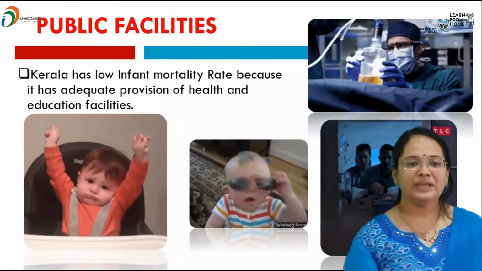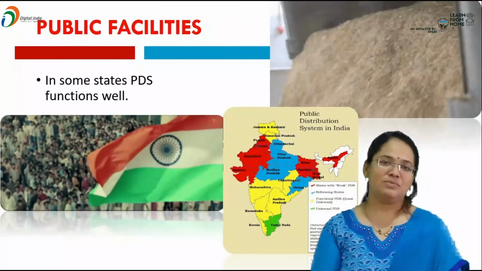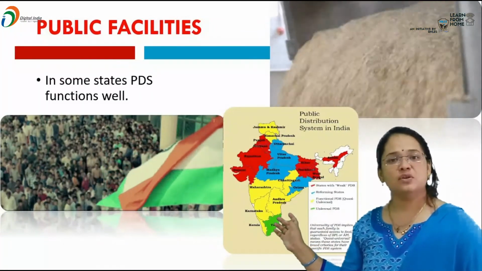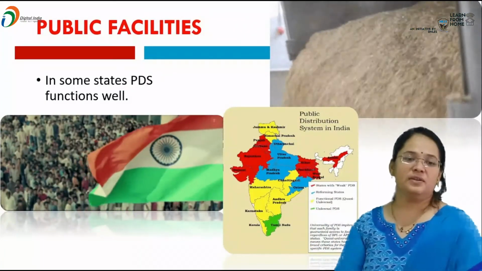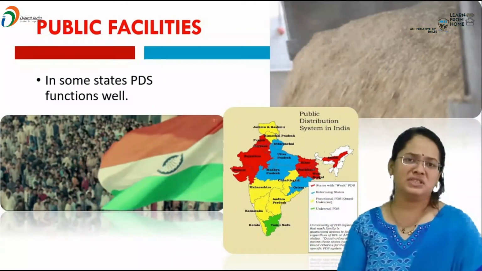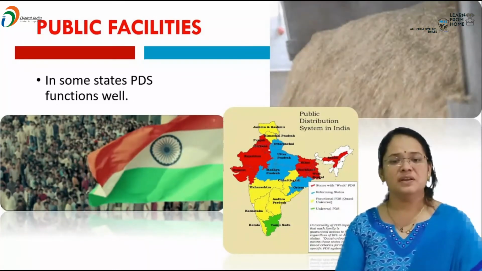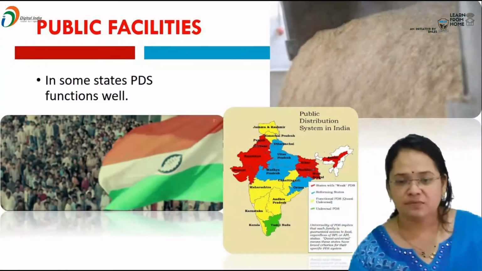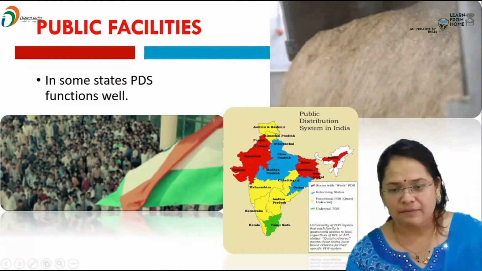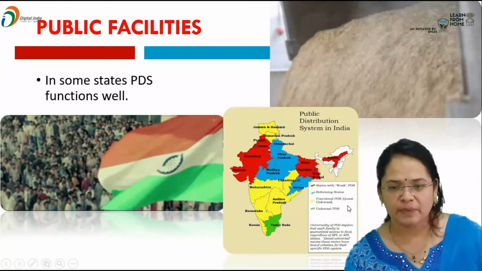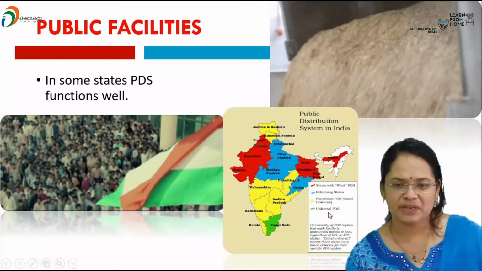Okay. Now in case of the PDS, the distribution of food grains. In some states of India we find that the PDS is functioning very well, and this functioning happens at different levels, with reforming states functioning at the universal level, universal PDS.